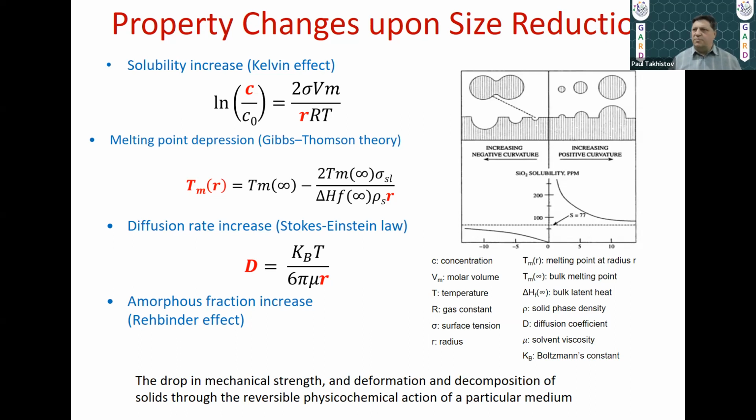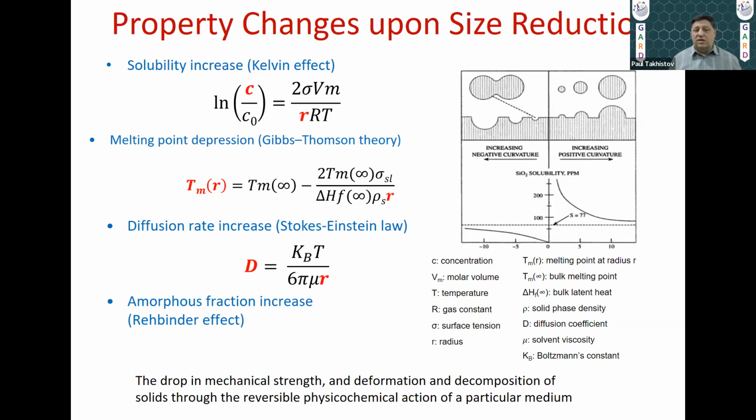If you don't know, Gibbs was the first scientist who was awarded a PhD in engineering in the US. It was 1863. According to the Stokes-Einstein principle, the diffusion rate will increase, but actually at nanoscale we see even anomalous diffusion, which is not covered by the Einstein law.